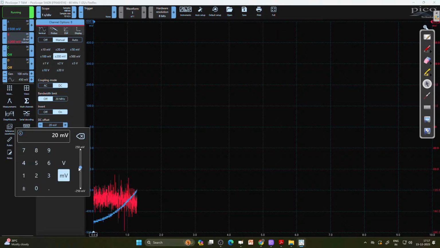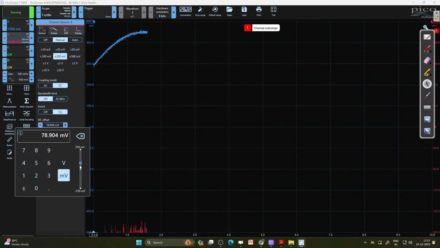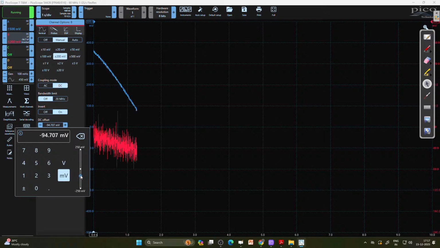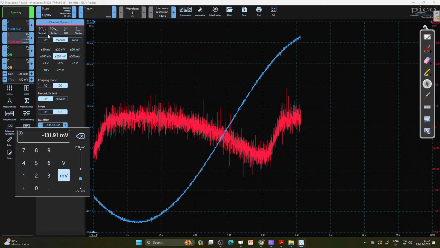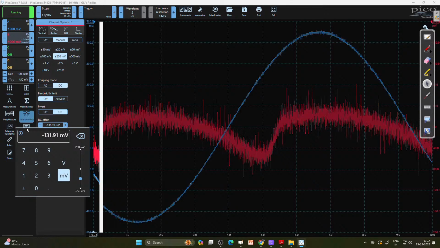Let's check. How high can I get it? Ah, that's wrong, yeah. Okay, that's better. Okay, and now we go to the display where we can see x over y.